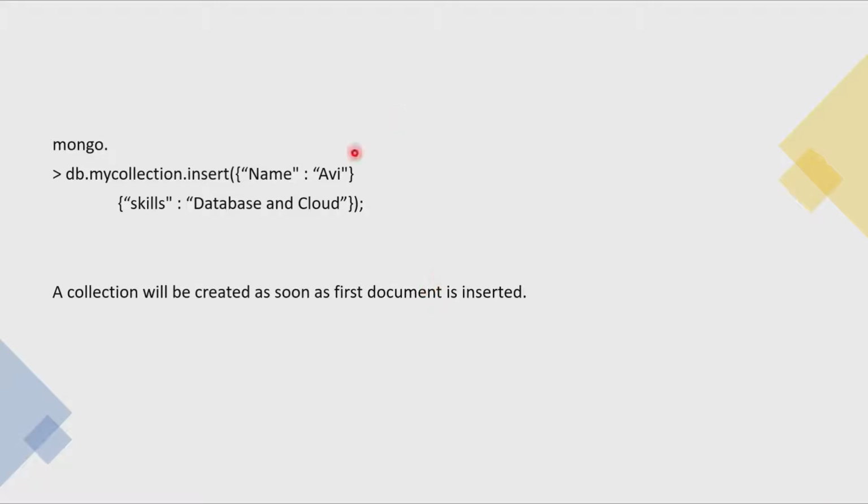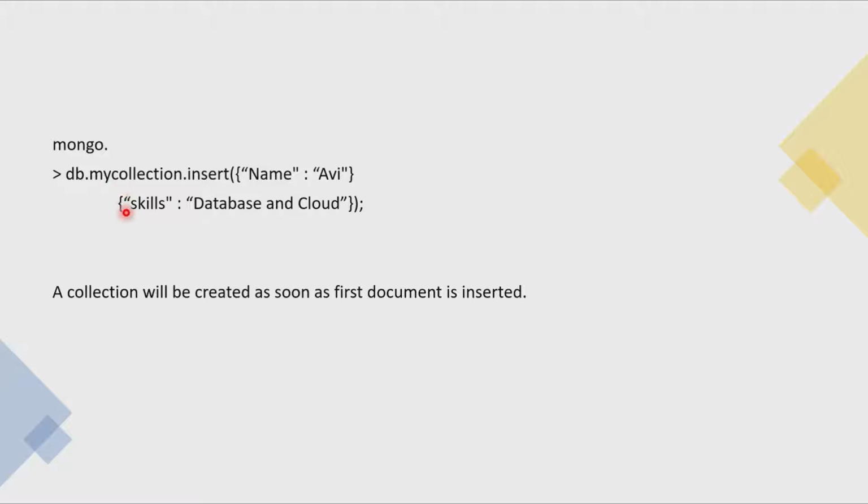So this is how we create a collection. You log into the Mongo shell using mongo, and then the prompt will appear. Then you write db dot, then the name of the collection dot insert, and then you have the round bracket, then curly bracket. The first thing is the field, and another one is the value, and then the curly brackets are closed.